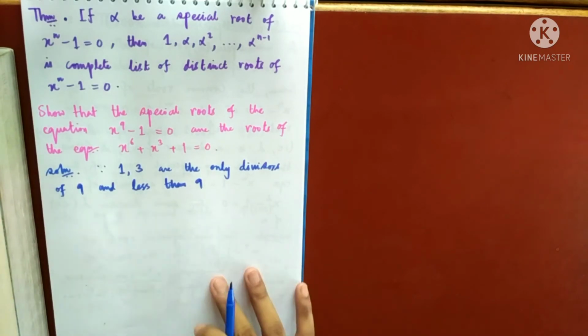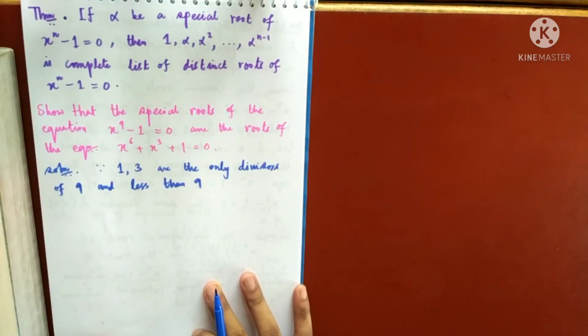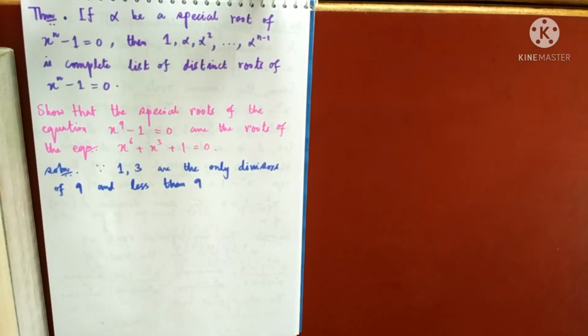I know these are the only divisors of 9 and they are less than 9, right?